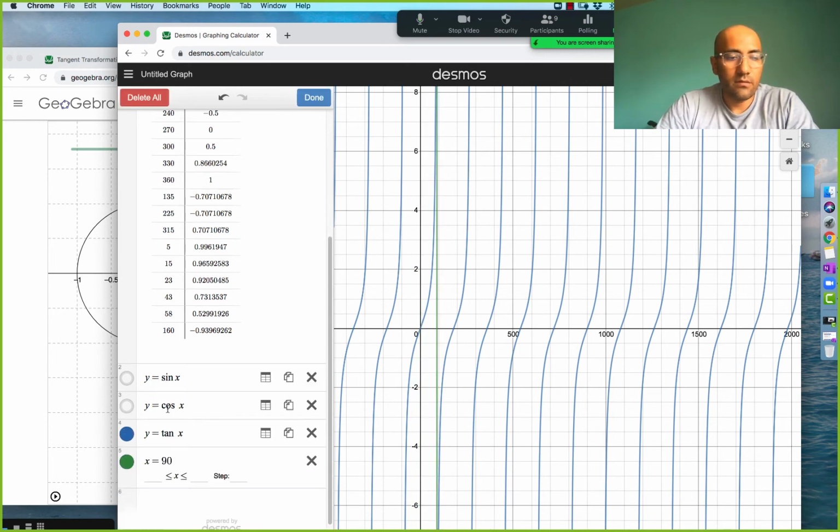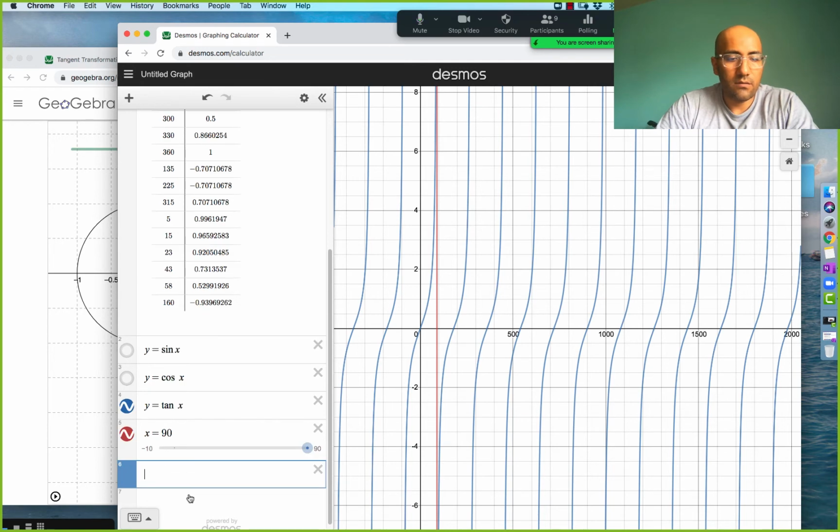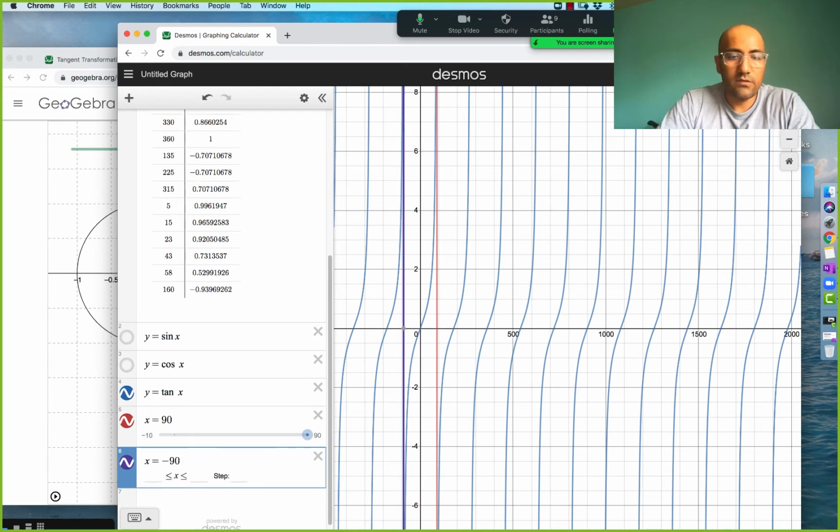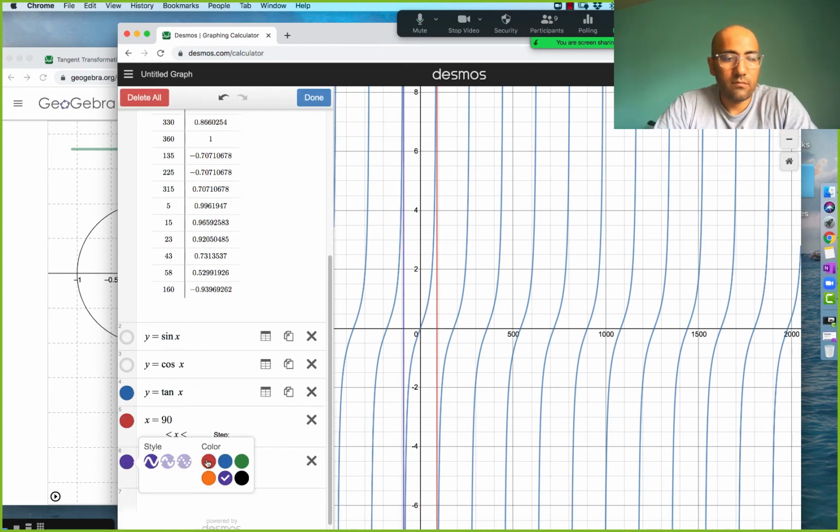Put it in red. And done. How about x equals -90 degrees? Also in red. Dashed? Let's make it dashed.